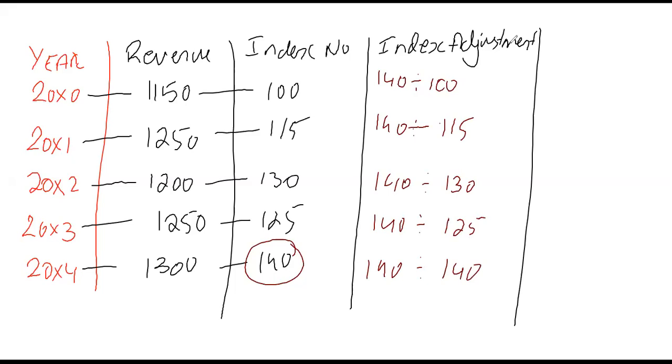So what is the adjusted revenue that I'll get after multiplying this by the actual revenue?